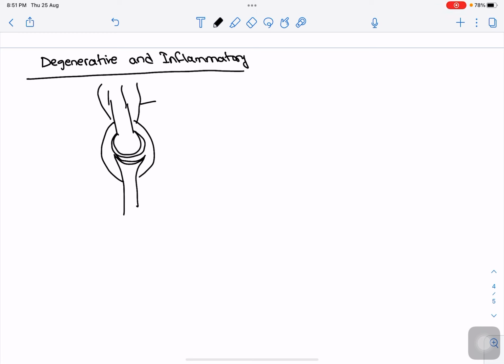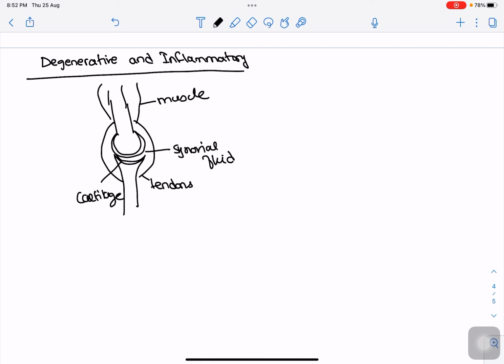Let's assume these are muscles, these are tendons, and this is the cartilage right above the bone, and between all these things is the synovial fluid. So this is basically a gross picture of a joint, the gross things that you can see on the anatomy of a joint. So what is the difference between a degenerative and an inflammatory joint?